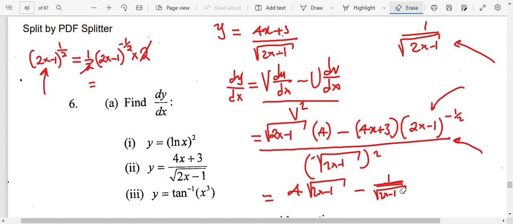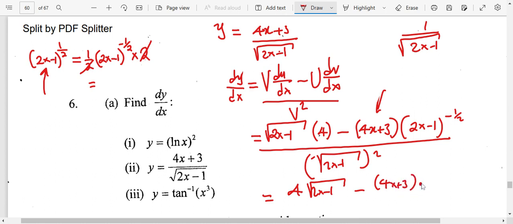I've actually not even written it well. So the first one we're supposed to write was the negative 4x plus 3. And then instead of writing 2x minus 1 to the negative half, I write 1 divided by square root of 2x minus 1. So if it was you, you'd extend this up to here.